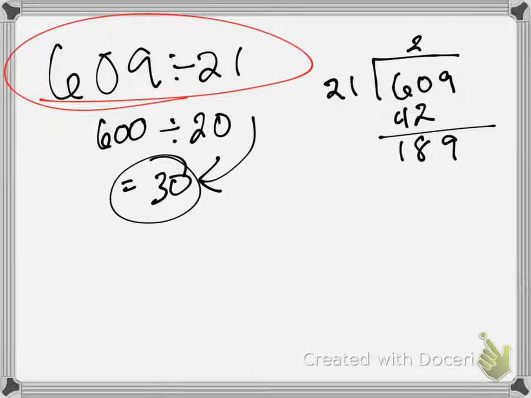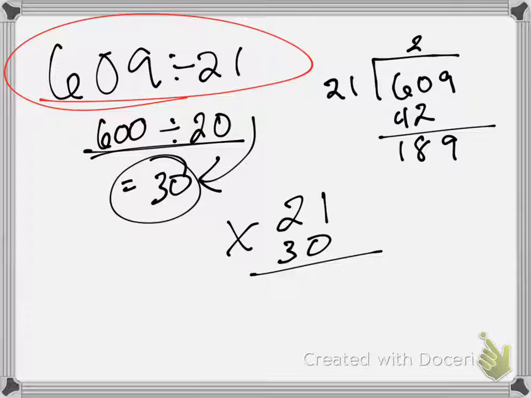So this is the purpose of finding these approximates. Because I can sit here and say, okay, I know approximately 609 divided by 21 is the same thing as approximately 600 divided by 20, which is approximately 30. So I can check 21 times 30. And I know through those rules of 0 that we've got our place value, and then we get 3, 630. Okay, well, 630 is close to 609. It's more than 609, though. So let's go ahead and take away a 21, just one more group.